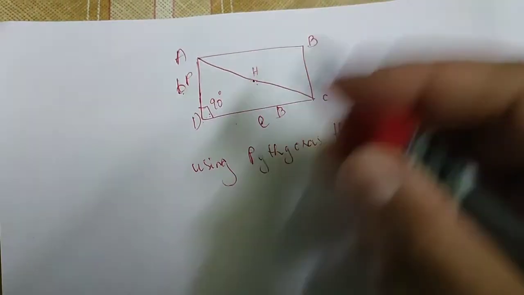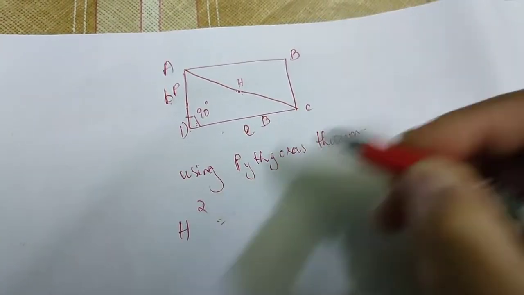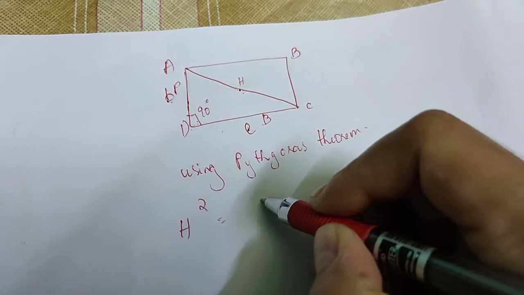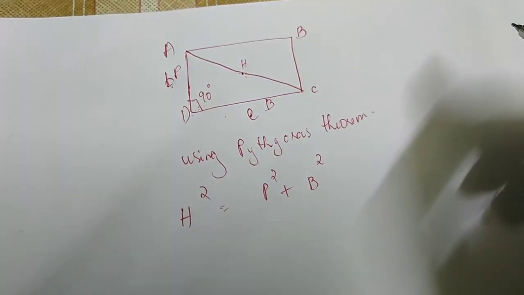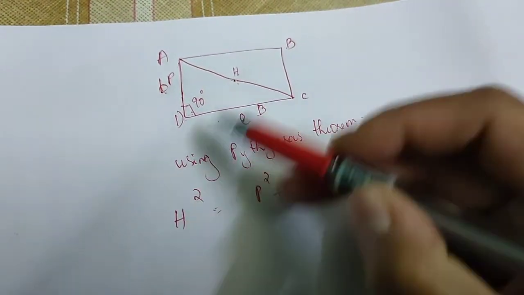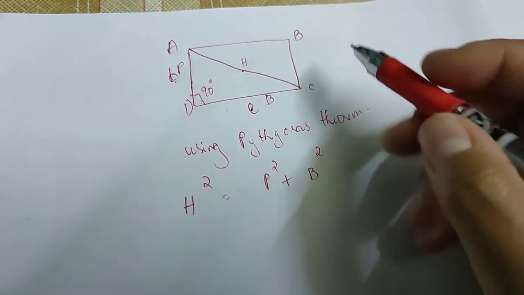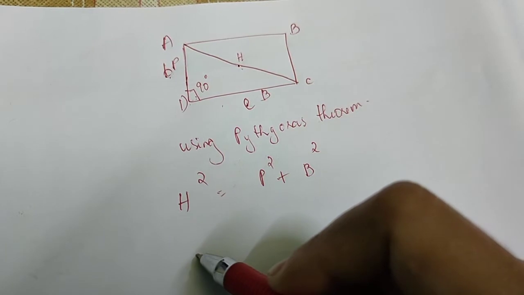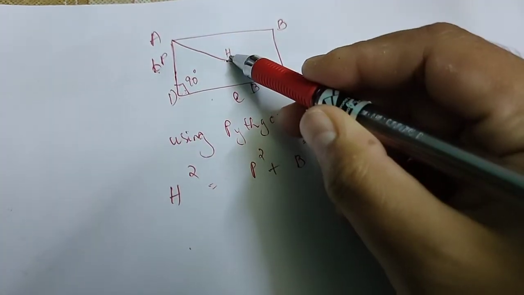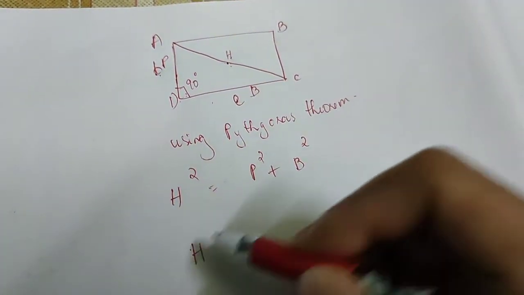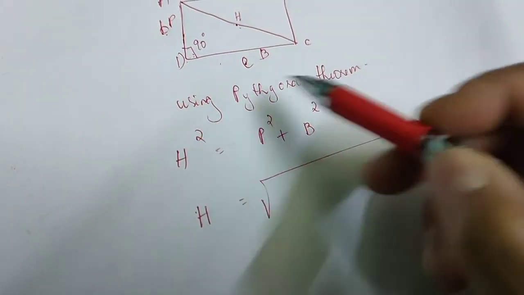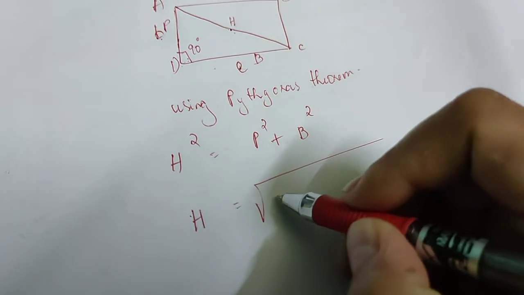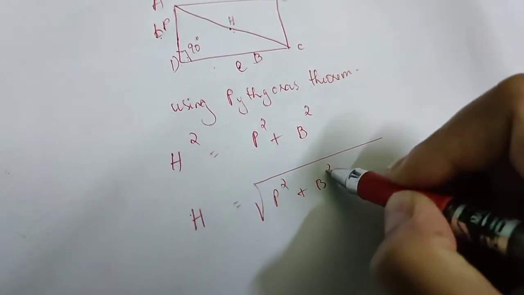The Pythagoras theorem is: hypotenuse square is equal to perpendicular square plus base square. I need to find h, not h square, the length of the hypotenuse. Say this is your h, then transferring this square to that side, it will become root over p square plus b square.